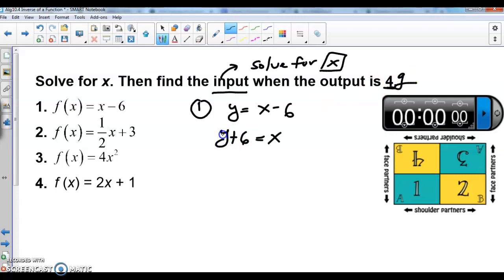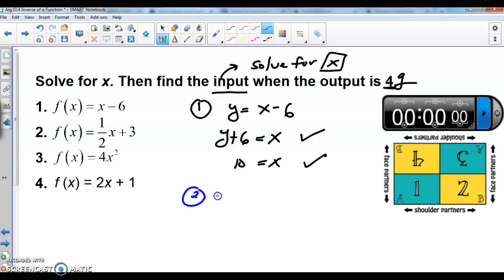So if you substitute 4 plus 6, what is your input? So x is equal to 10. This is the formula for the input, and this gives you the value of the input when the output is 4.